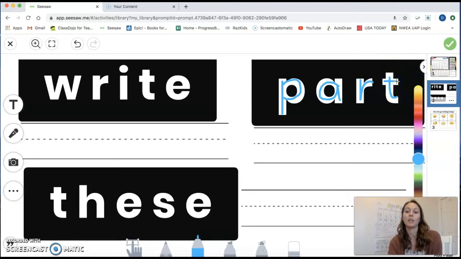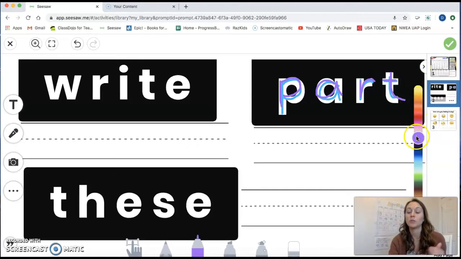P-A-R-T. Now I did it one time. Now I'm going to do it with a new color and write the whole word and keep practicing. P-A-R-T. Part. So you're going to keep doing that. I would recommend rainbow writing each word 3 times. So 3 different colors on one word. And then using any color, you can spell the word using the lines.